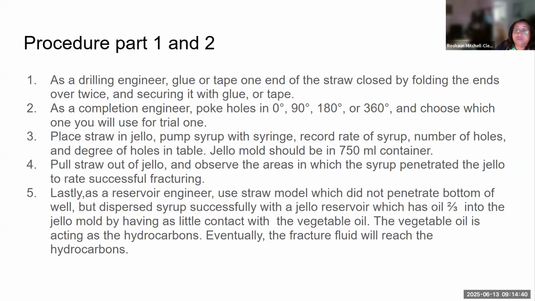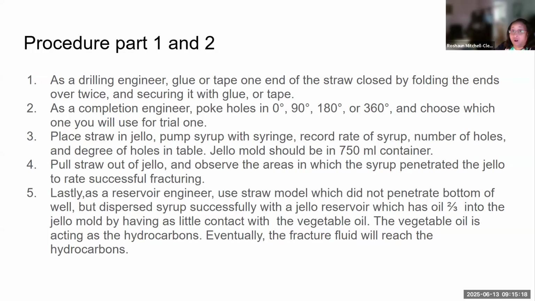And then lastly, as a reservoir engineer, because I'm basically combining both one and two together, the last thing you would do is figure out which straw model didn't do as much damage but was effective, and dispersed enough syrup successfully in the jello reservoir, which has oil at least about 2/3 of the way into the mold, with as little contact with the vegetable oil as possible.